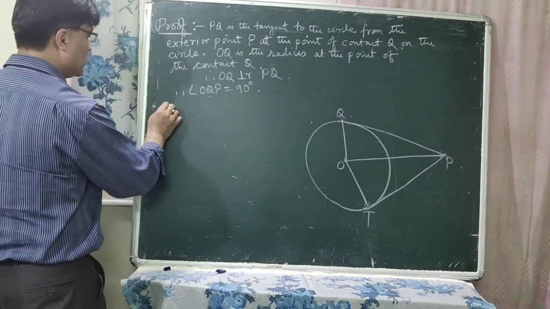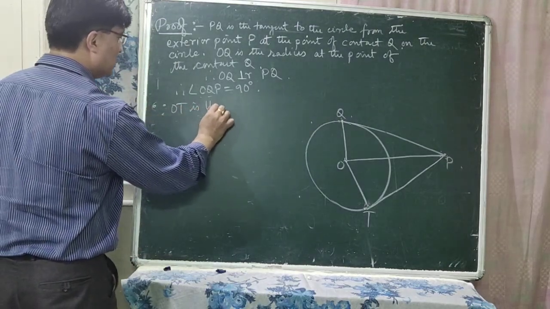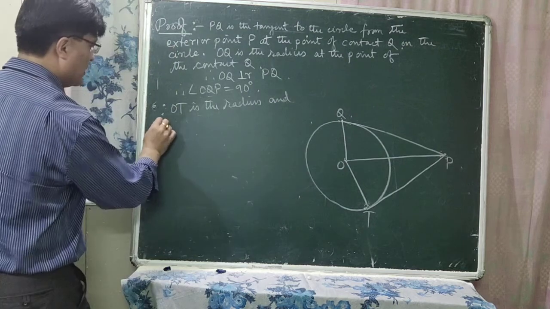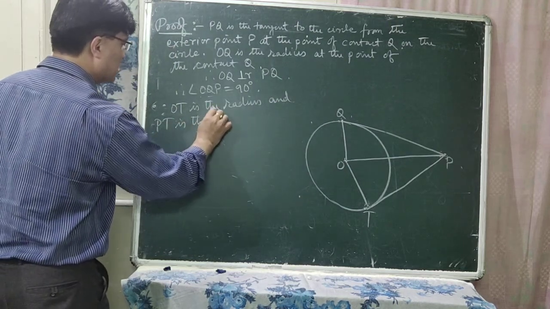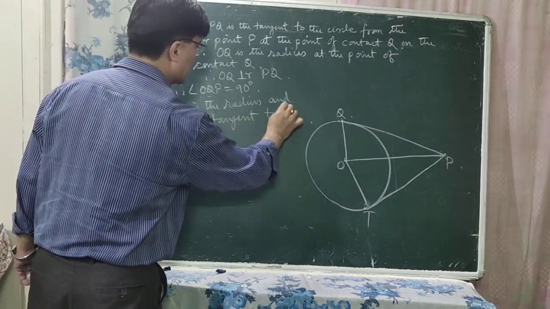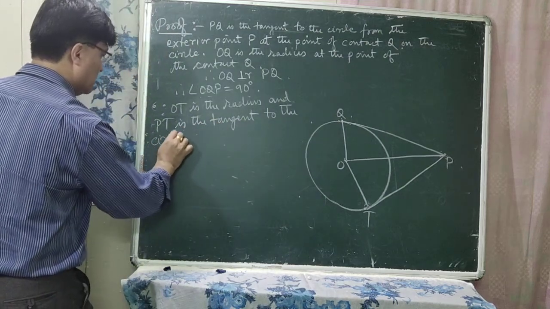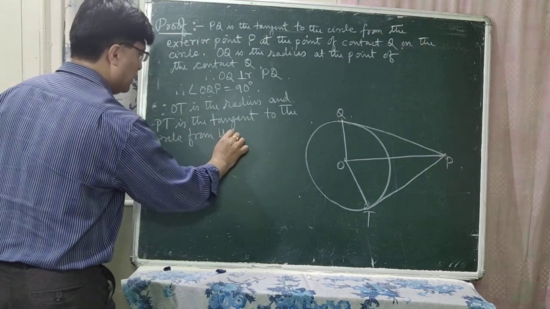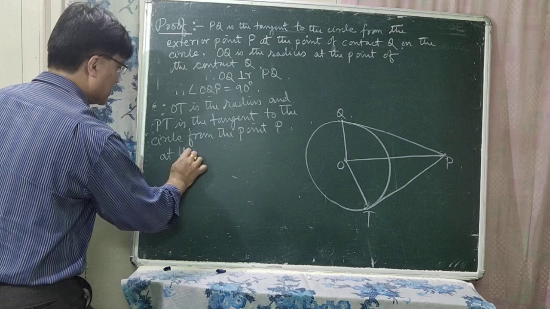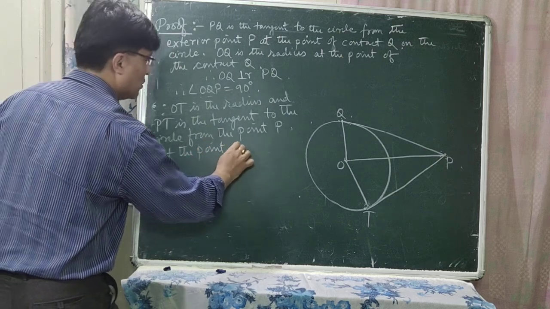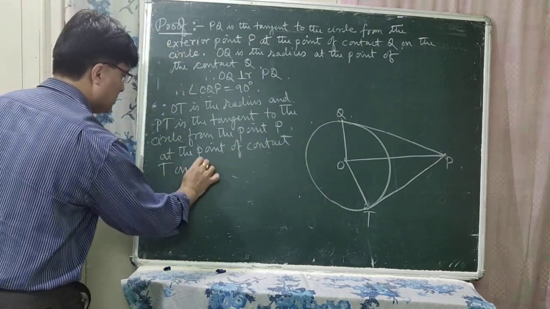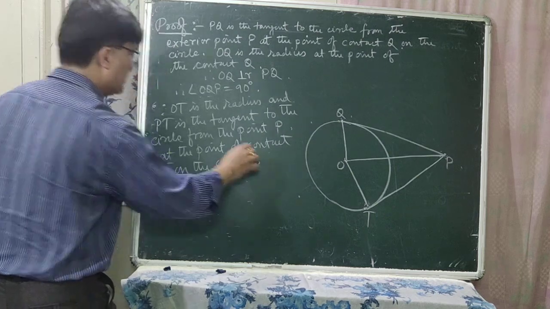Since OT is the radius and PT is the tangent to the circle from the point P at the point of contact T on the circle, right?